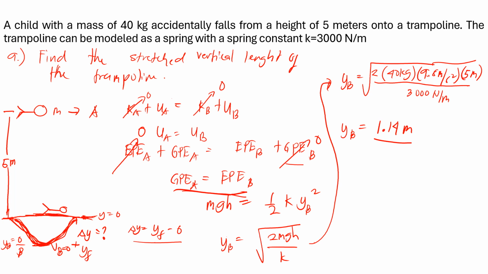So we cannot let the YB here be equal to 0; we just let that be the question mark, which is what we solved earlier. That is the reasoning for why your GPE at point B is also equal to 0.